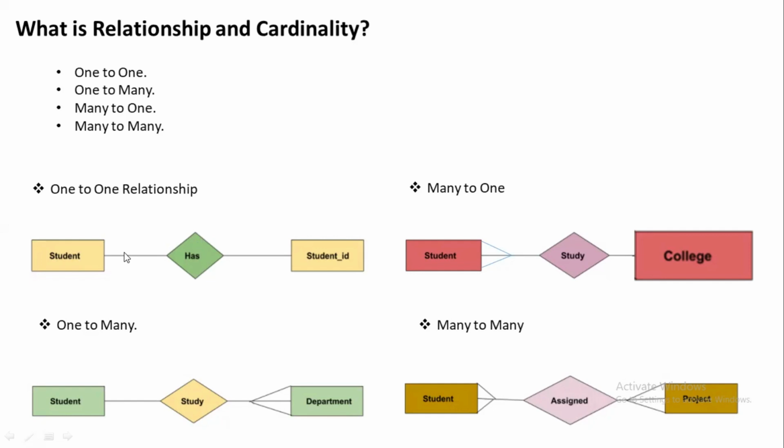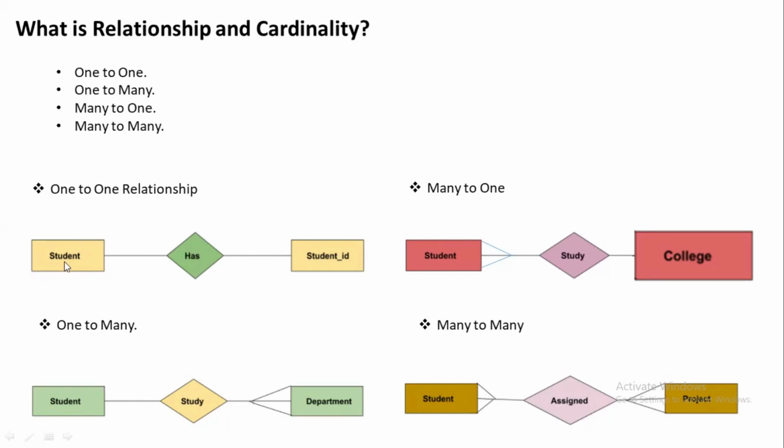I will describe another type. Just think this is the college database. Each student has only one student ID. The two entities are student and student ID, and this is the relationship.